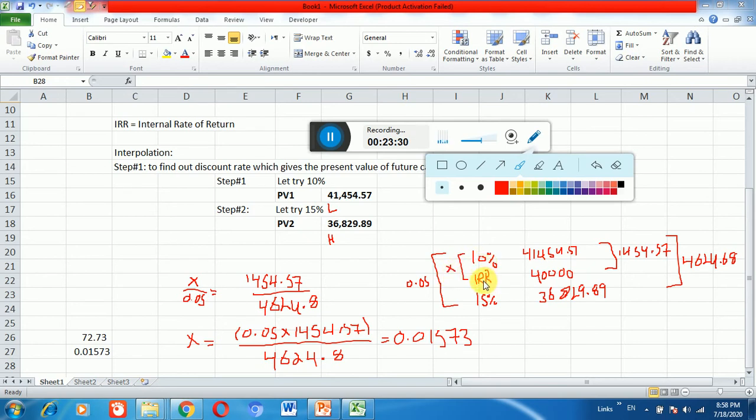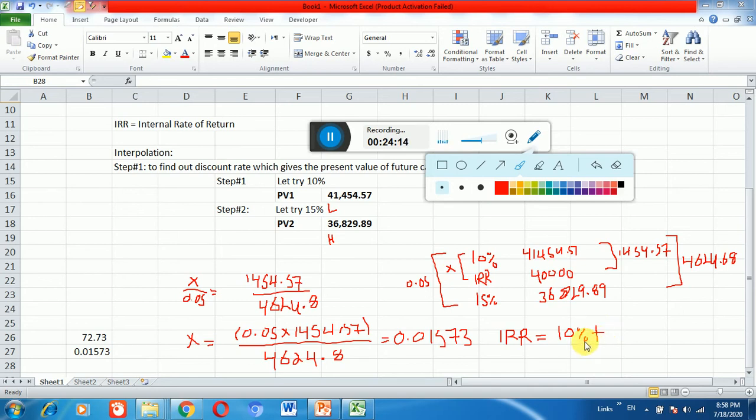It means IRR minus 10% is equal to x, or you can say IRR is equal to 10% plus x.